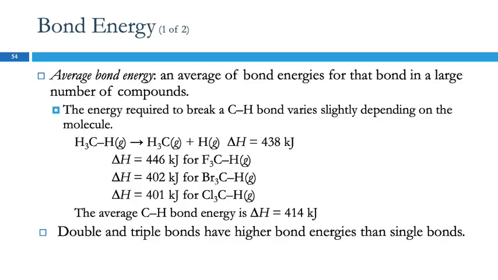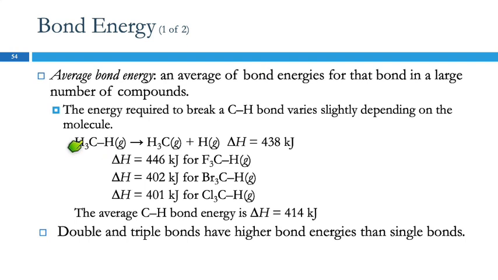So the average bond energy is the average of bond energies in a bunch of different compounds. And we need to do that because the energy of a given bond will vary slightly depending on what molecule it's in. Here we're looking at a carbon-hydrogen bond. And here we've got CH3 with a hydrogen on it, so we're looking at this carbon-hydrogen single bond.